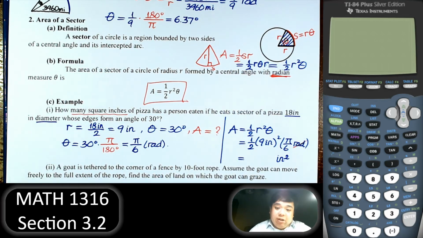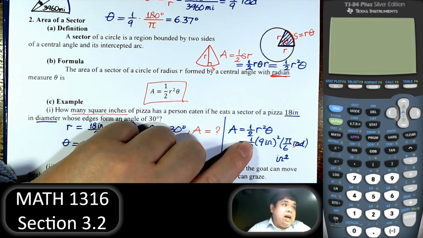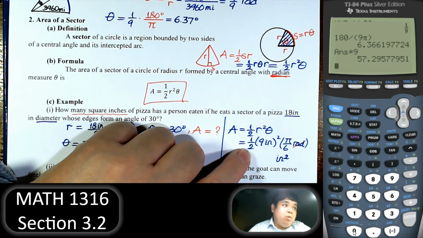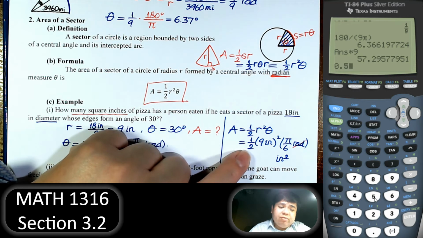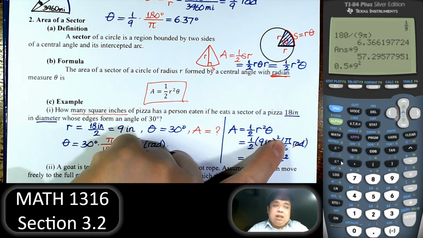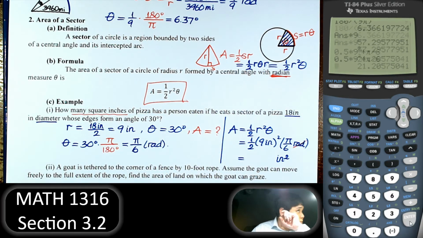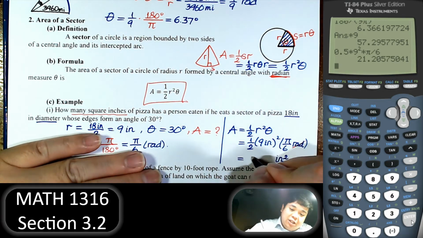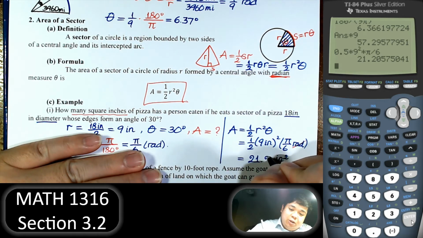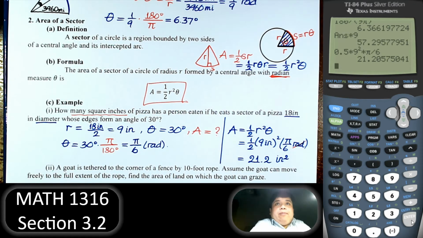And so we have the numbers 1/2, 0.5 times 9 squared times pi divided by 6. So about 21.2 inches squared.